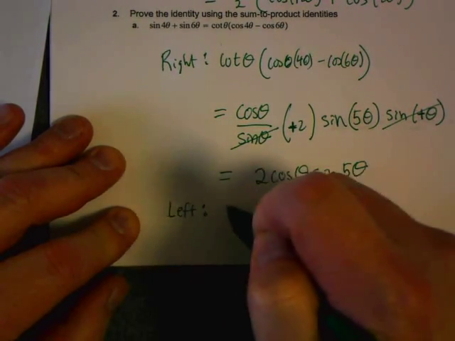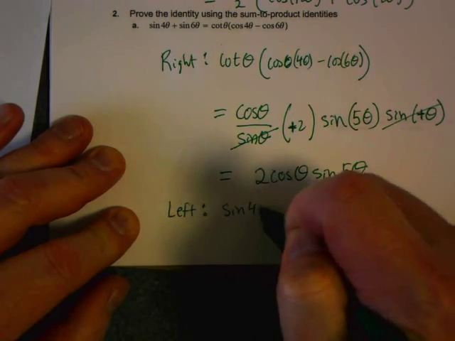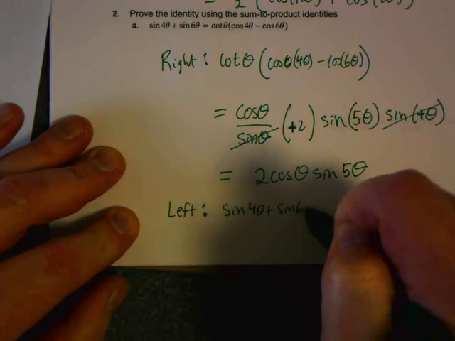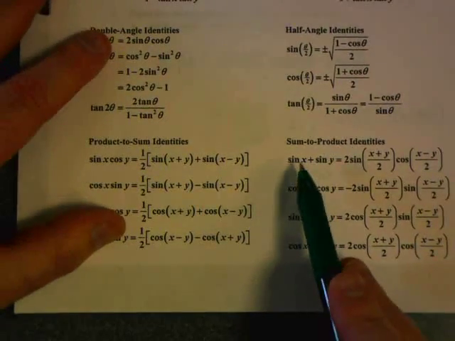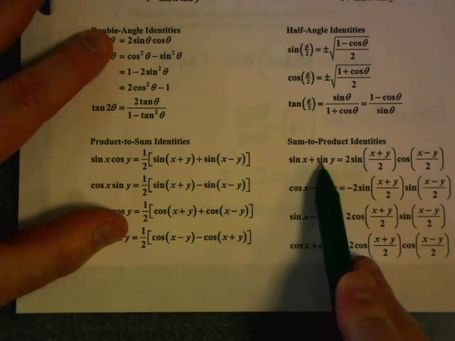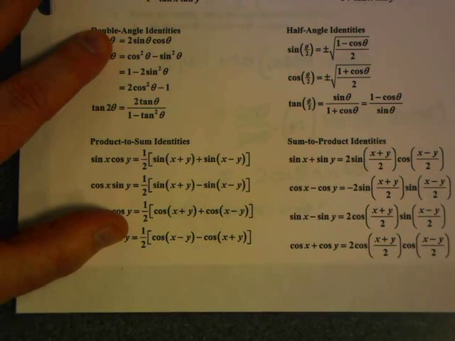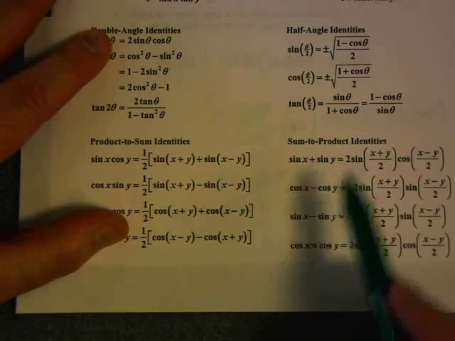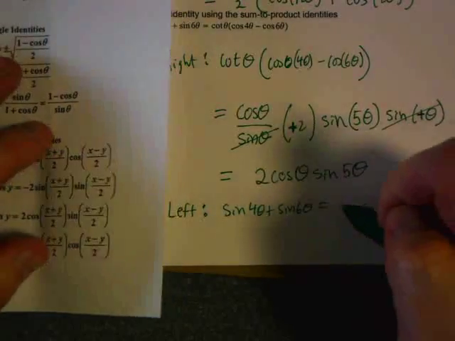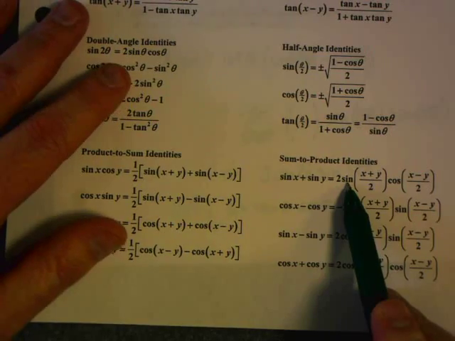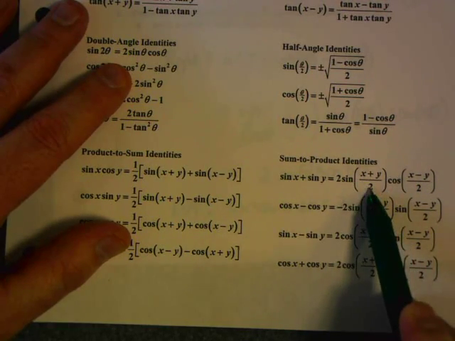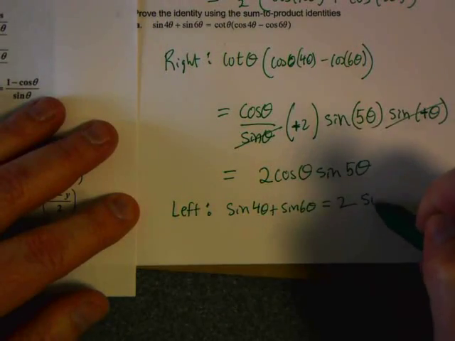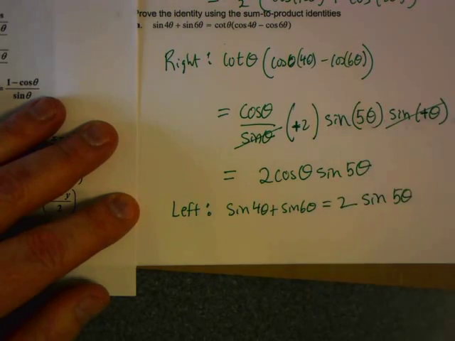The left starts with sine 4 theta plus sine 6 theta. And I think I could use my formula for sine 6 theta plus sine 4 theta and see what happens. I need a 2. Then I need sine, add my things together and divide by 2. So that's sine of 5 theta. Hey, that's looking good.